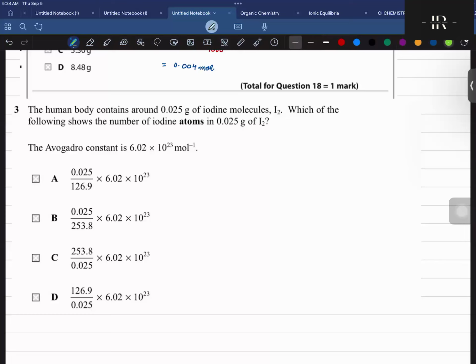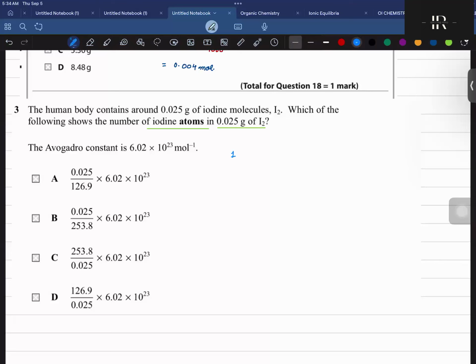Basically, they have given the mass of iodine and they are asking the number of atoms. Which of the following shows the number of iodine atoms in 0.025 gram of I2?